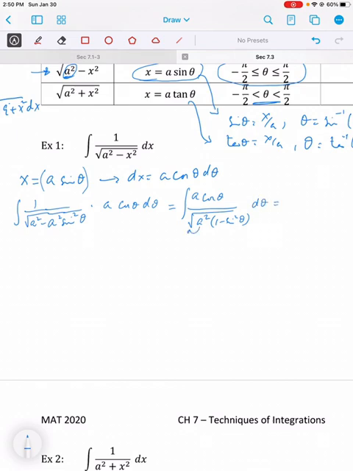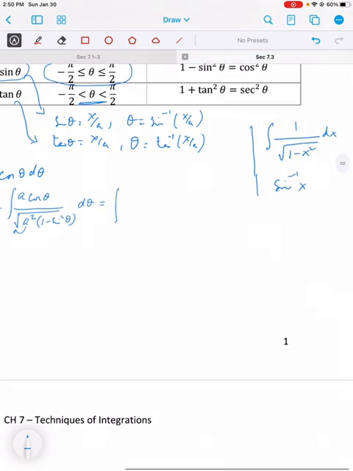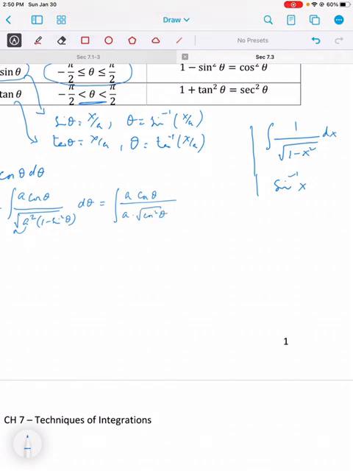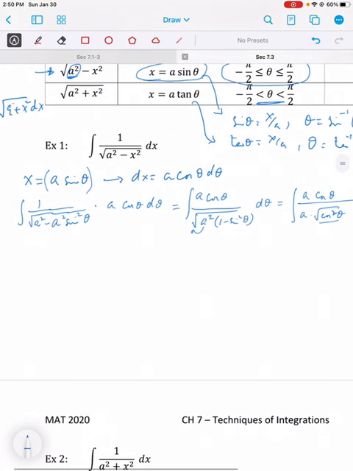Now this a can be pulled out, and we know that 1 minus sine squared theta is cosine squared theta, so that we end up getting a cosine theta over a times square root of cosine squared theta d theta. But note here, this will just be cosine of theta and they will cancel out.